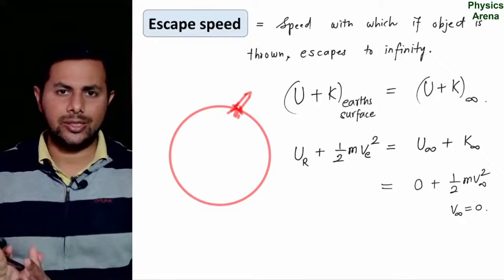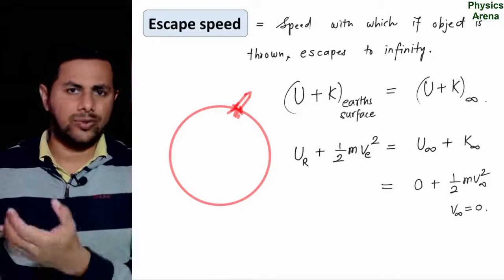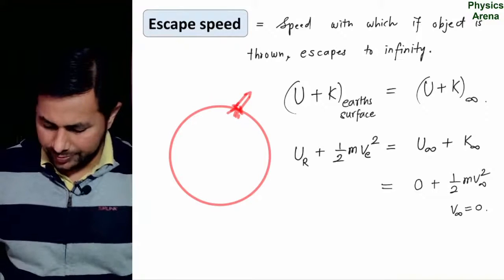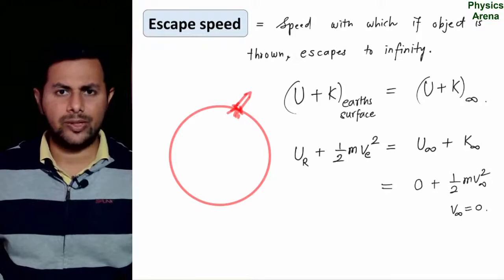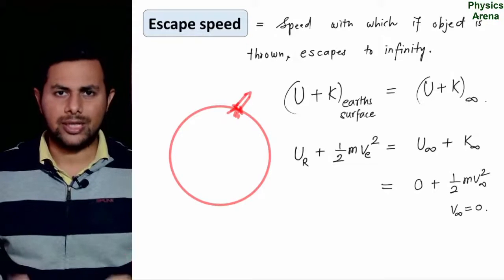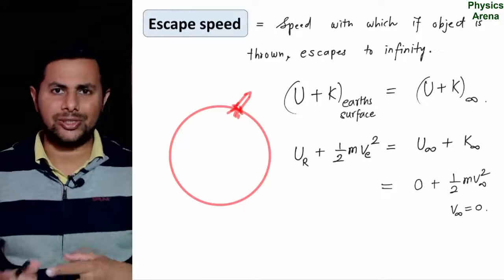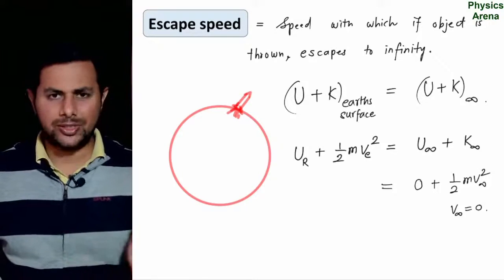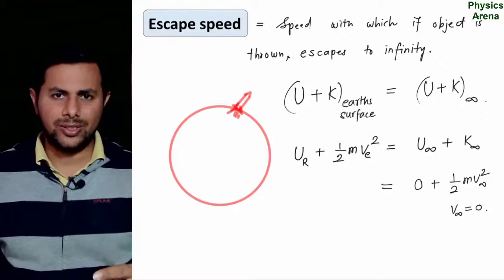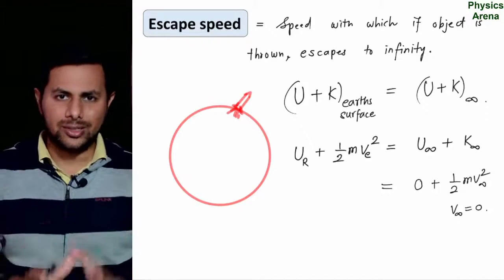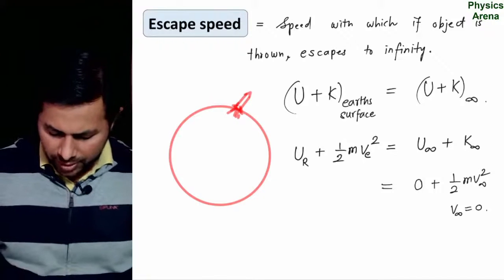So v at infinity is 0. Even if it stops there, it will not come back, because the gravitational force it experiences will be negligible. Actually, if it is at actual infinity, then gravitational force will be 0, because it is GMm over r squared. So if you keep r equal to infinity, then GMm over r squared will be 0. So no acceleration.